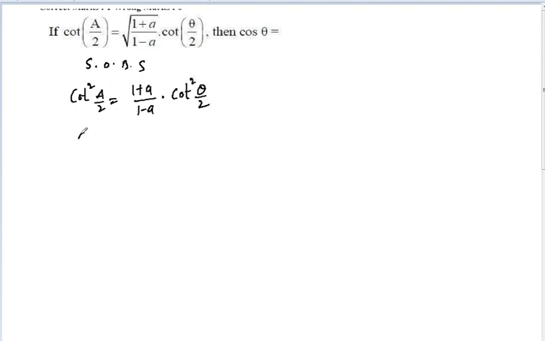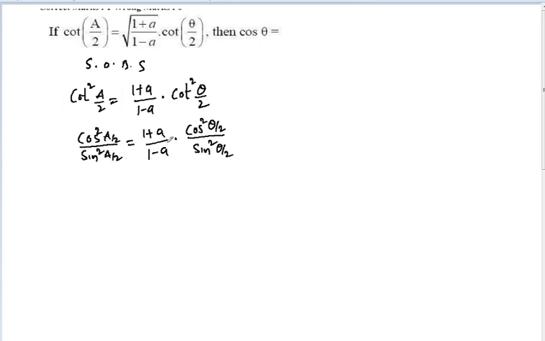Cot square a by 2, that is cos square a by 2 by sin square a by 2 is equal to 1 plus a by 1 minus a into cot square theta by 2 is cos square theta by 2 by sin square theta by 2.